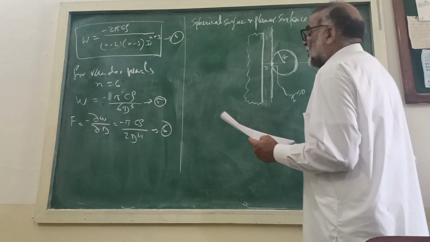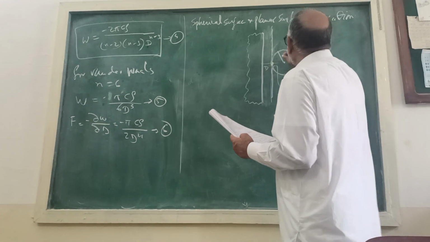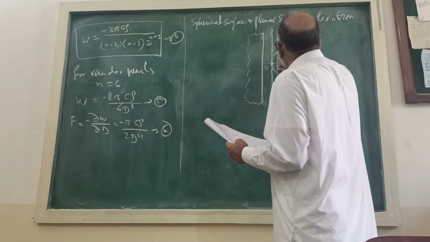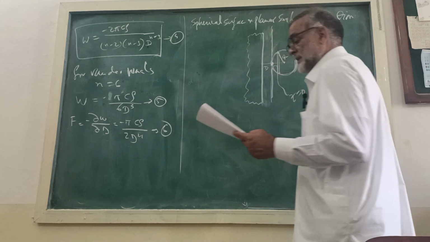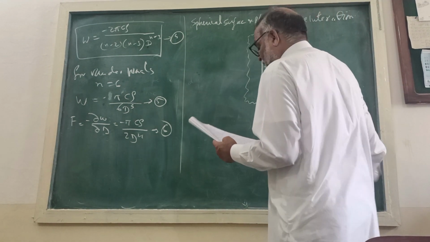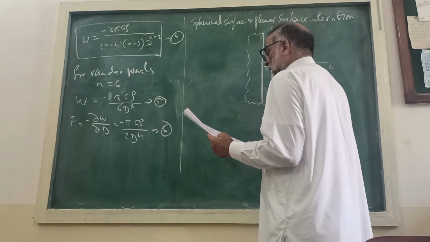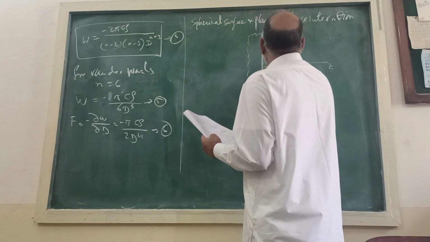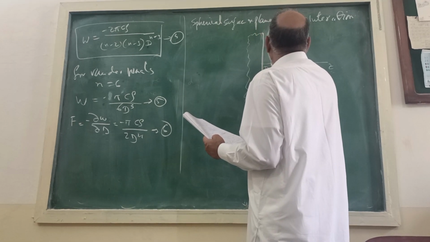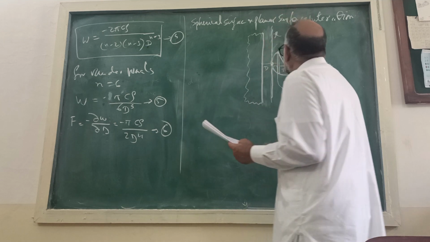Now again, let us consider a ring. So a ring is like this, right? That is the x-axis, right? And look, this radius is r. So this distance will be 2r minus z.